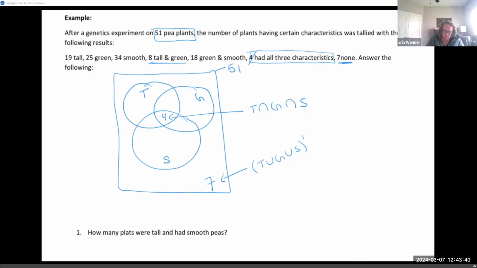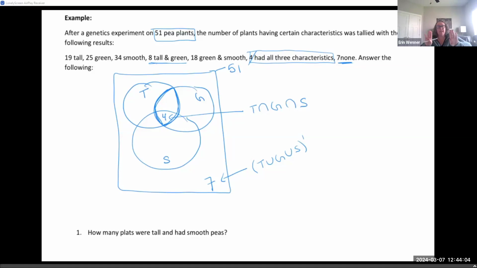So if we look at where tall and green overlap, we've got 2 spaces here, right? We've got the complete intersect plus those ones that are tall and green, but not smooth. So this 8 being tall and green represents the sum of both of those spaces because it's where circle tall overlaps with circle green.